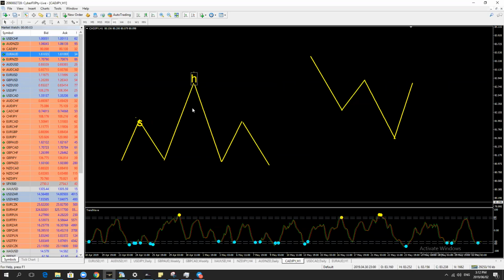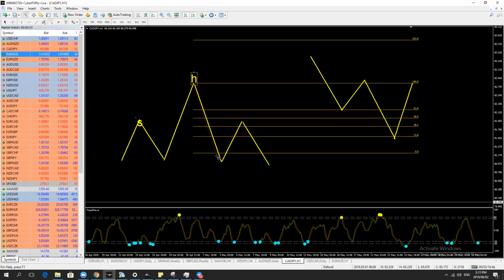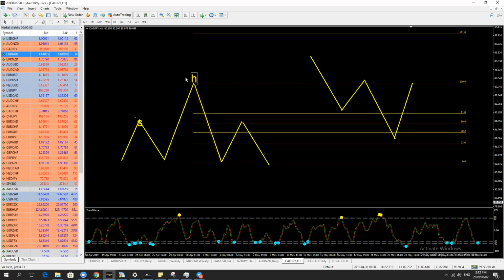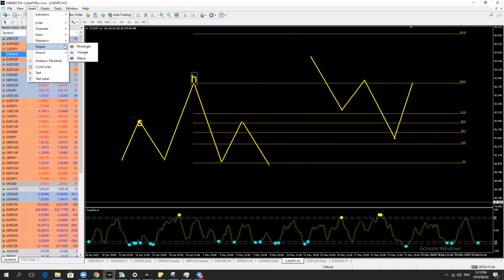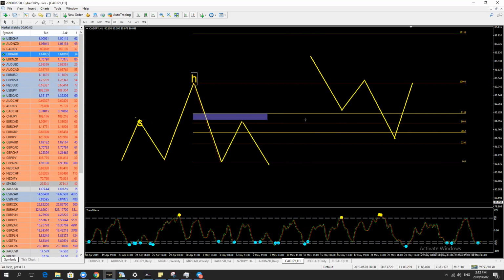I'm looking for a head and shoulders. From the head right down to the neckline, if you use the fib, because you're gonna see a continuation of the trend, I would draw my fib for the right shoulder and identify the zone, the 50 and 61.8.